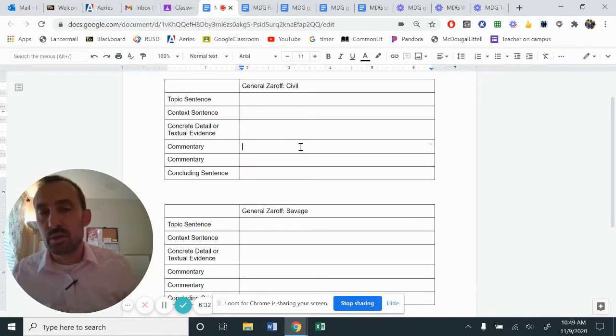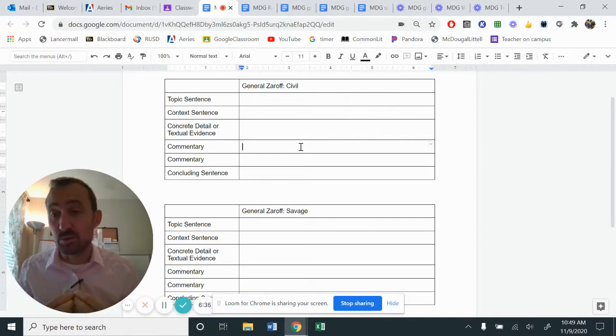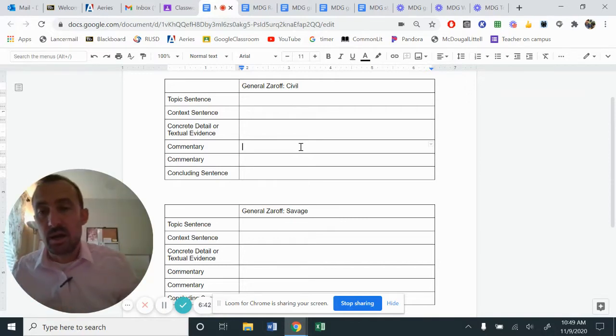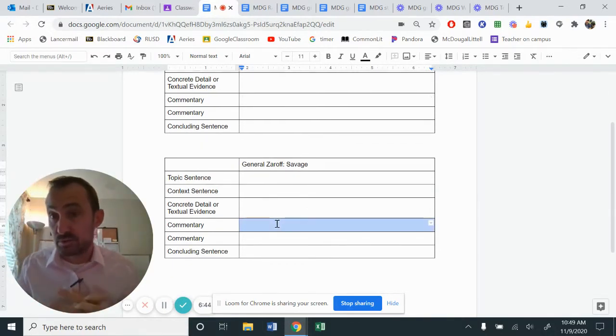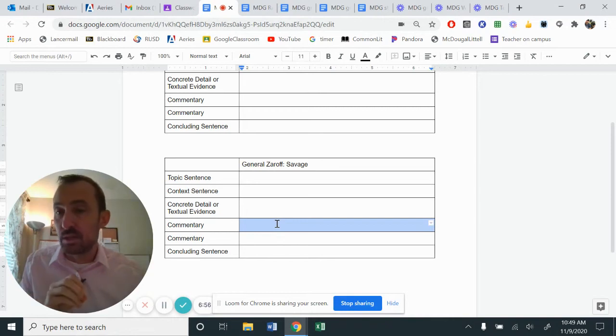Okay, you are going to add in those pieces of textual evidence and use your web off the word to create those. So go pick a web off the word and put it into the sentence. So if you picked inhumane for savage, that was an additional word that you found. General Zaroff is inhumane when it comes to his hunting hobbies, right?